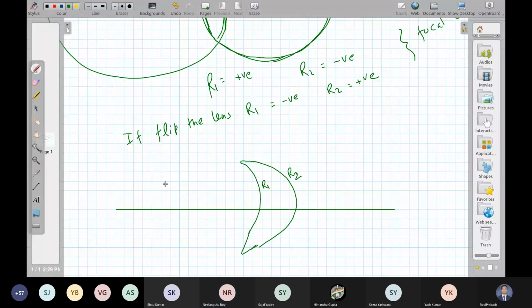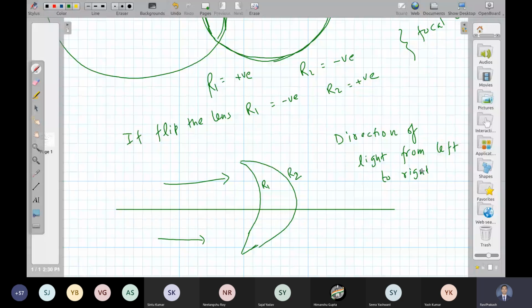Right. So it is a normal convention that light always goes from left to right. This is always considered correct. And since they are transparent objects, light can bend only, but it will never return.